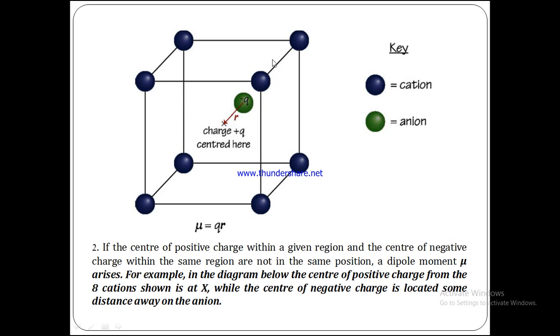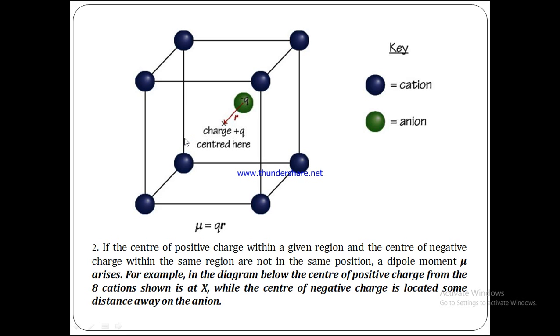Such a situation, where the cation and anion are separated by a small distance r with a positive and negative charge, is called polarization, and the structure of those two ions is called an electrical dipole.